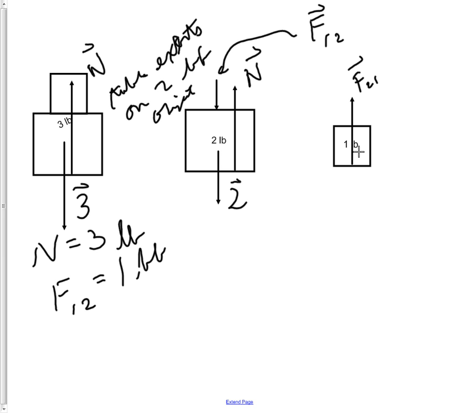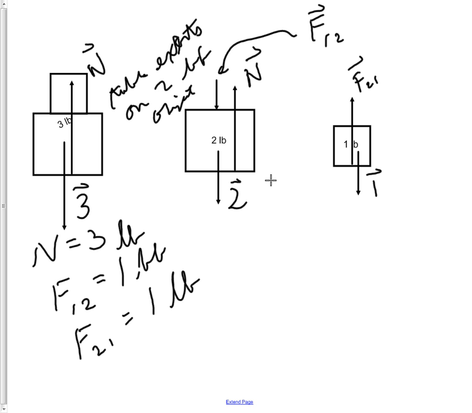There is also, of course, the weight of this object, and the weight of this object is 1. So I'll just call this the vector 1. This is 1 pound. And that's all. Those are all the forces that there are on the 1-pound object. And so we can see that the force that 2 exerts on 1 is equal to 1 pound.